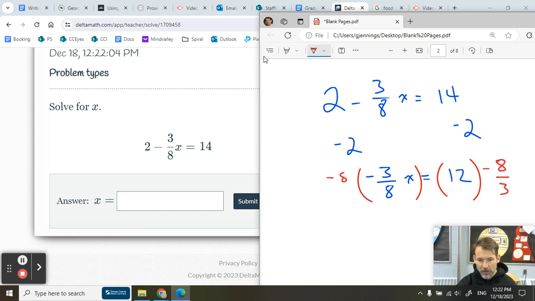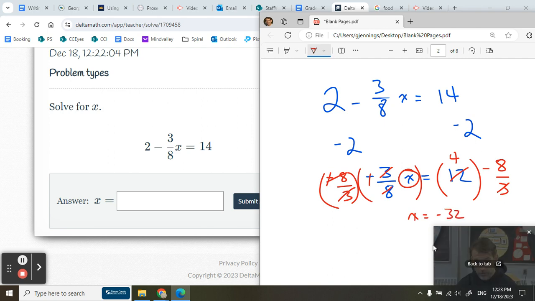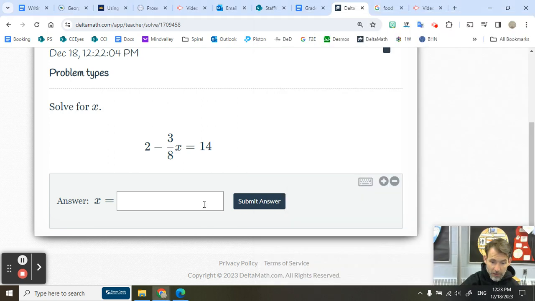I just flip the fraction, keep the sign, and multiply because that's going to cancel that, that's going to cancel that, and the two negatives multiply to make a positive. X is isolated. Okay, 12 divides by 3 and makes 4, so I can cancel there. 4 times negative 8, x equals negative 32. Okay, that's how those are done.